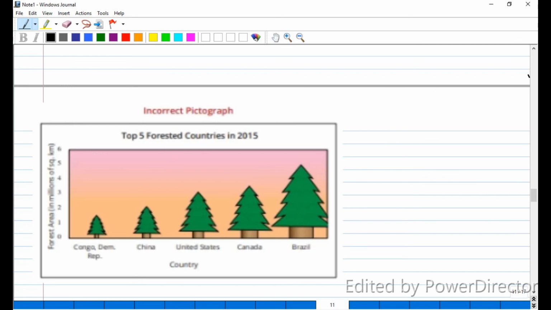Note how as the amount of forest area increases, the trees expand with regard to width and height, thus giving the illusion that the amount of increase is much larger than it is in reality. So this is the incorrect pictograph because it's expanding this way, which really doesn't do that much.